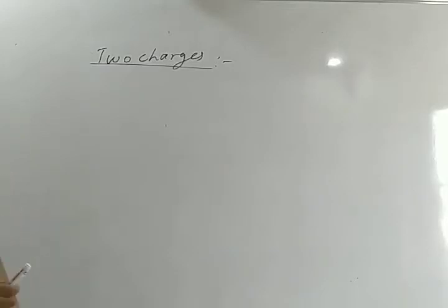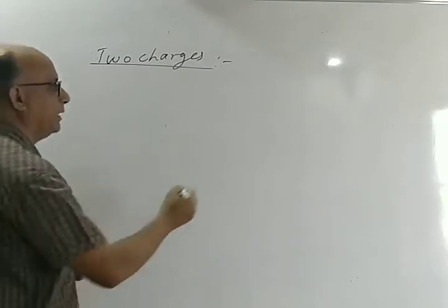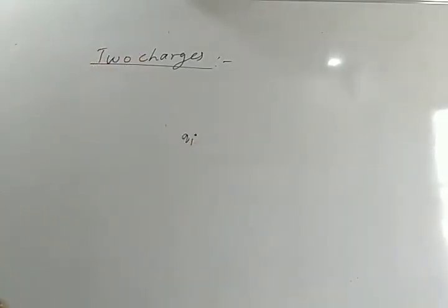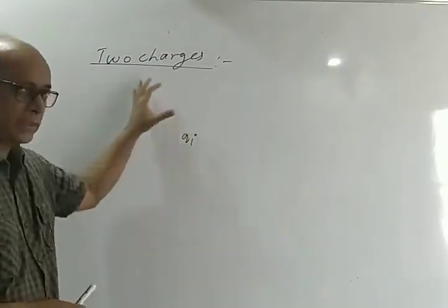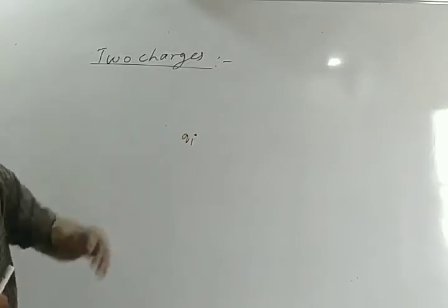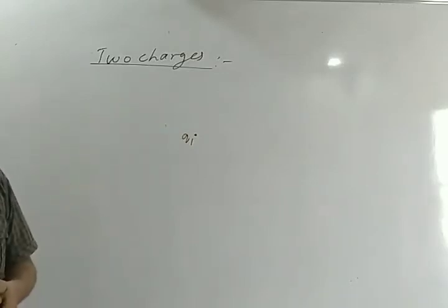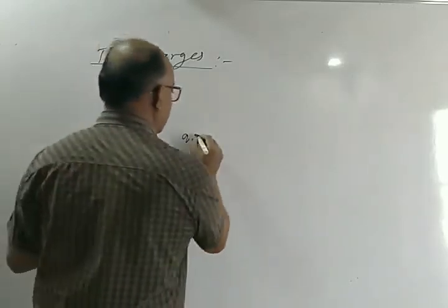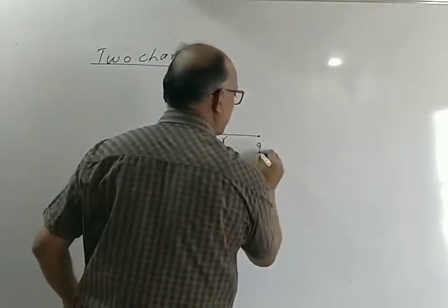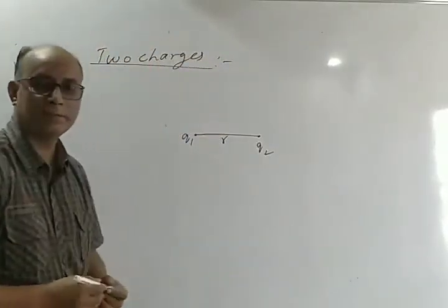Let us first imagine that a charge from infinity is brought up to this point. No electric field is there, no other charge was there, so no work is done in bringing this charge Q1 here. At a distance r from it, let us bring another charge Q2 from infinity and place it here.